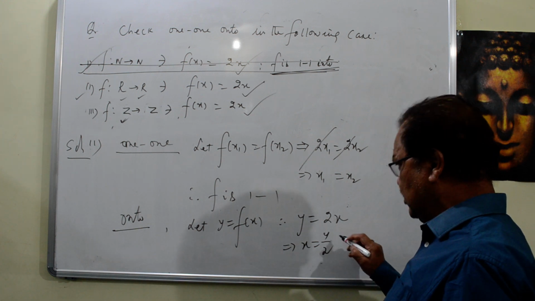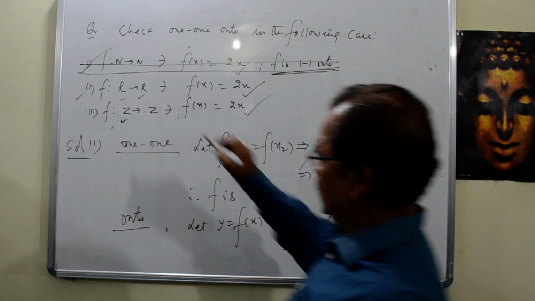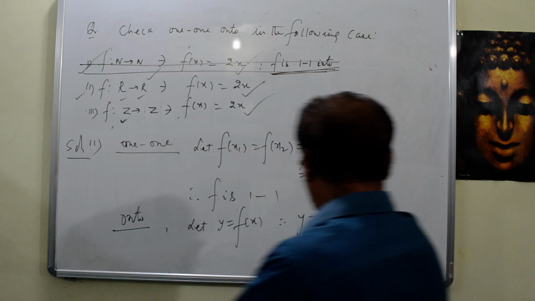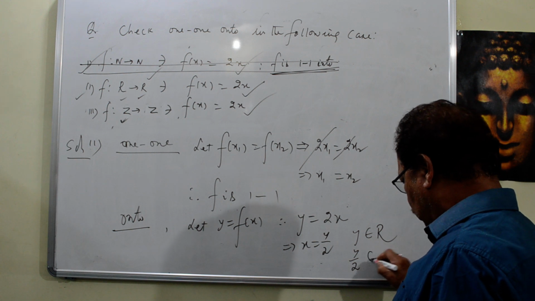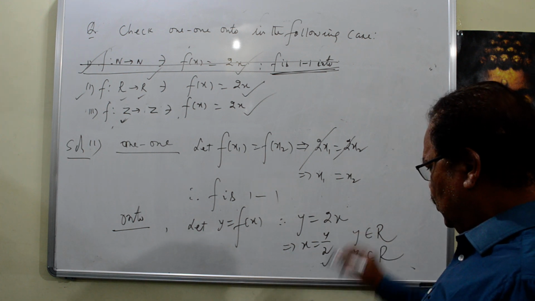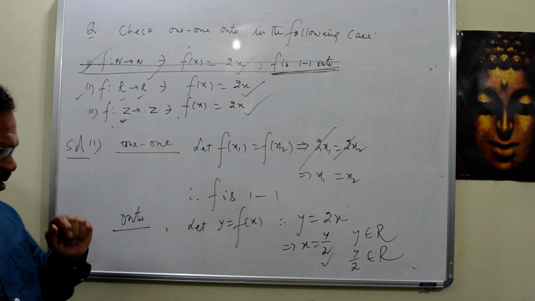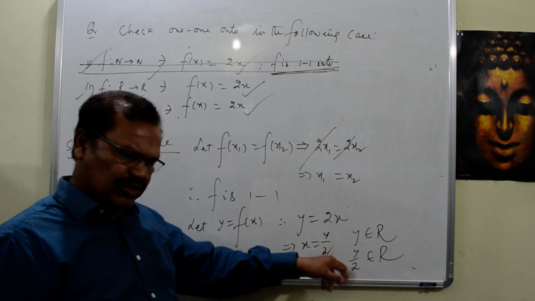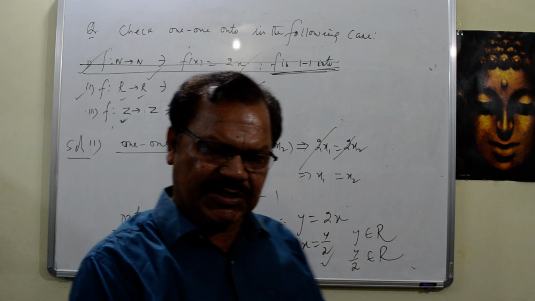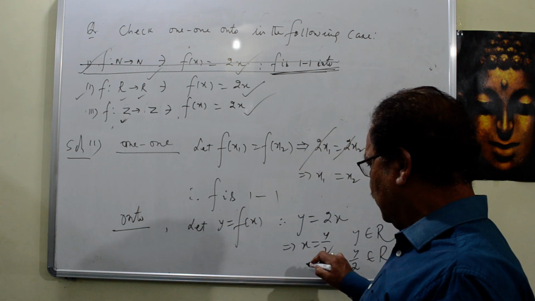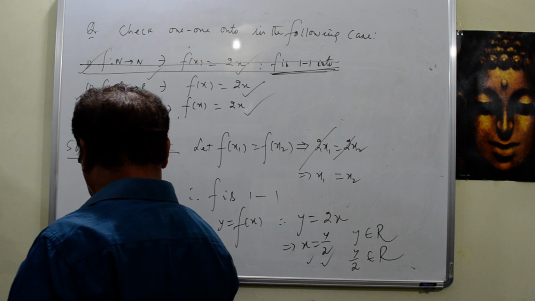That y belongs to real numbers, because the codomain is the set of real numbers. Automatically, y by 2 belongs to real numbers. So y by 2 is a real number. For every real number, we get a real number. So this implies no element of the codomain is left without having its pre-image in the domain. Therefore, it is onto. Therefore, this function is 1-1 and onto.